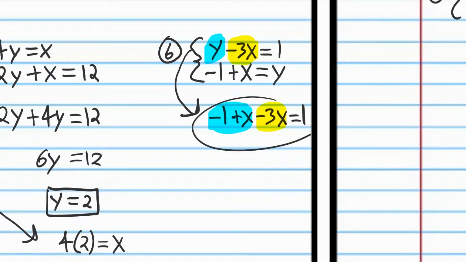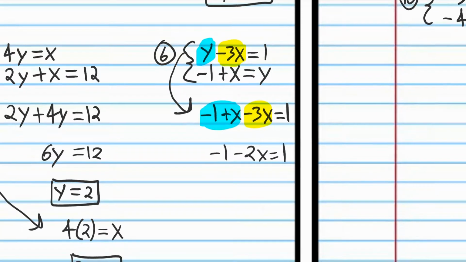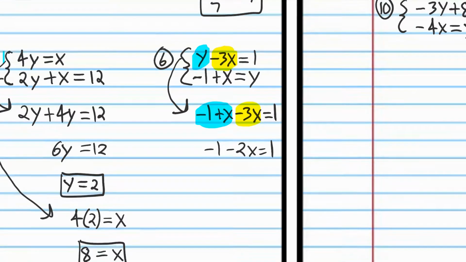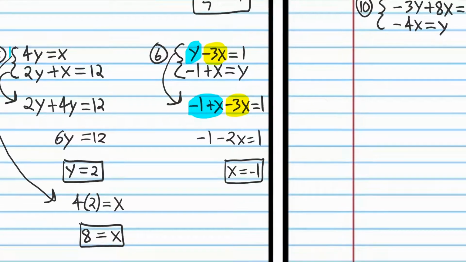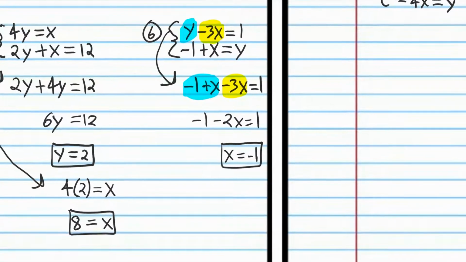So now we simplify this equation, and we get -1 minus 2x is equal to 1. And add 1 to both sides, divide both sides by -2, and you get x is equal to -1. And then we take the equation where y is actually solved for, and we plug in x to that equation to figure out what y would be.